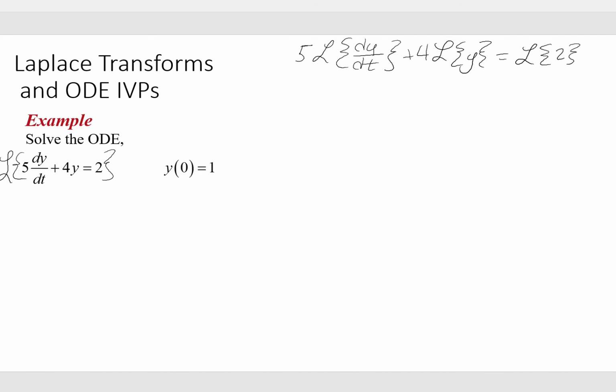Taking it term by term, first we'll apply the derivative rule. So this first term is s times the Laplace transform of y, which is capital Y(s), minus that initial value condition, which is 1, plus 4 times the Laplace transform of y is equal to the Laplace transform of 2.